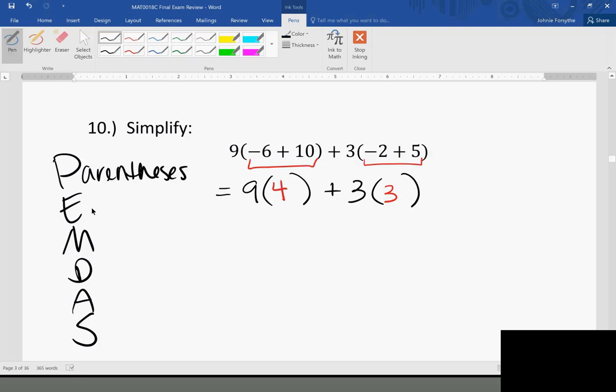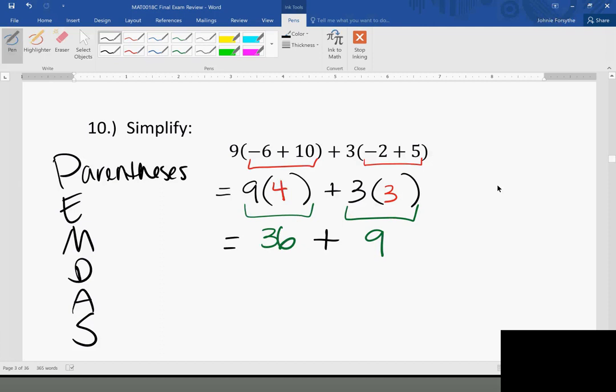Next, I don't have any exponents, but I do have some multiplication that I want to simplify. So 9 times 4 is 36. Definitely be familiar with your multiplication table. And then 3 times 3 is 9. So I have 36 plus 9.